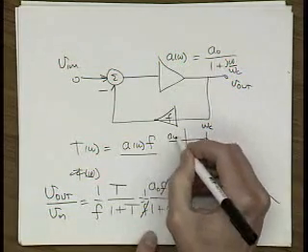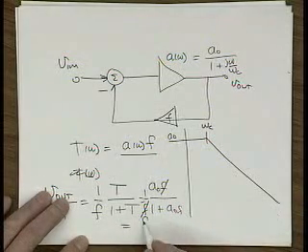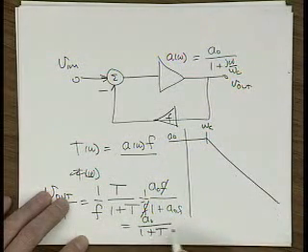So this was a gain of A0, and what this really becomes is A0 over 1 plus T.